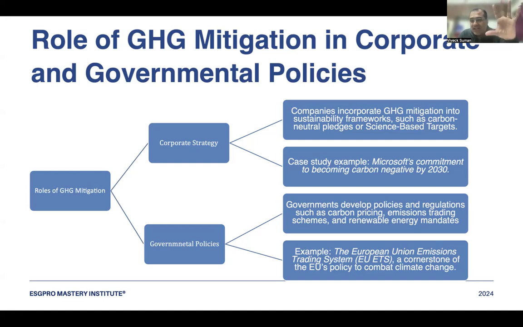What are the two different strategies you can take? Either you want to go for carbon neutrality and you are not committing to any framework for that, or you can go for the Science Based Targets initiative. So these are the two different lines of corporate strategy you can assume.